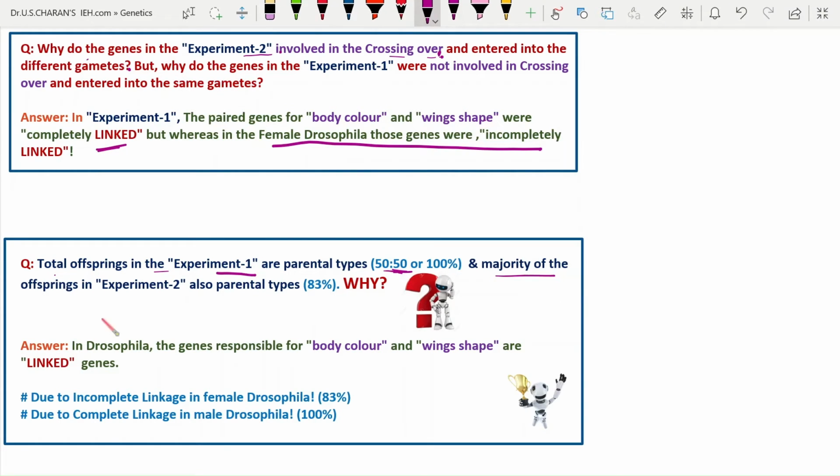The majority of the offspring in experiment 2 are also parental types, 83%. Why? Either in experiment 1 or experiment 2, most of the organisms are parental types. Why? Because in Drosophila, the genes responsible for body color and wing shape are actually linked genes.